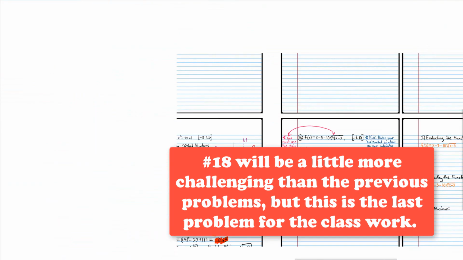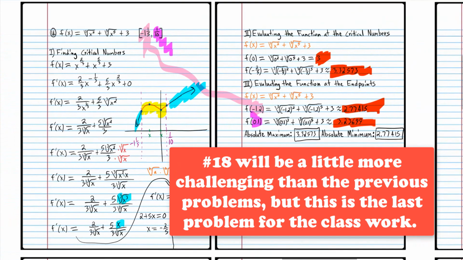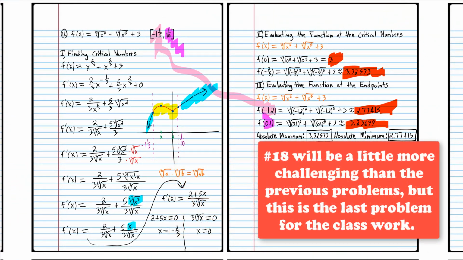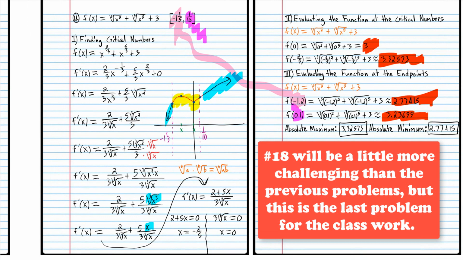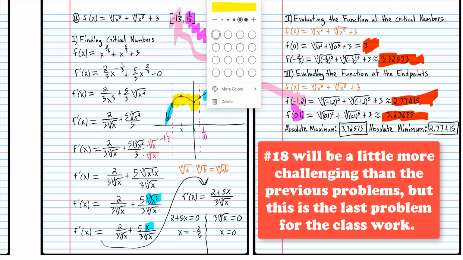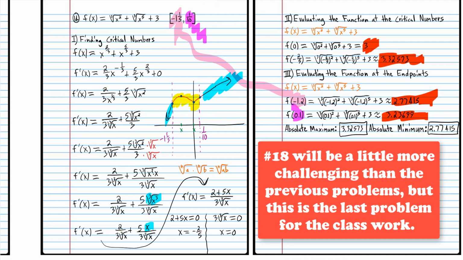For number 18, number 14 is going to be very helpful to reference. Remember when we found the derivative and we had two terms. We had this term and we had this term. But we combined the terms to make one fraction down here for the derivative.